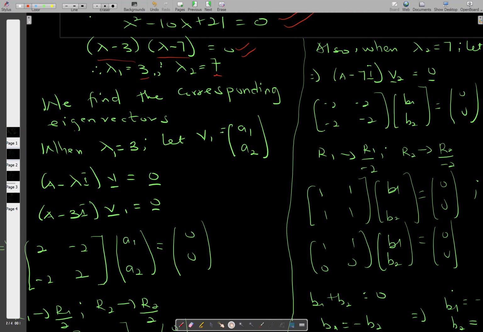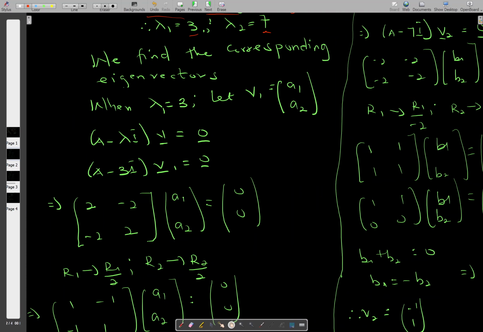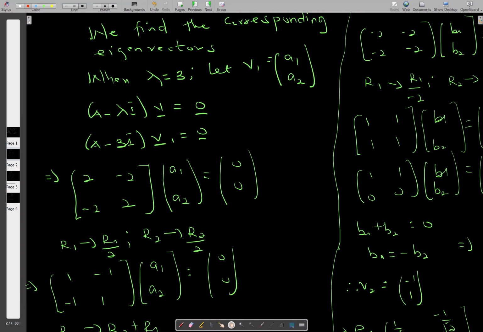Now let's find the corresponding eigenvectors. So let's consider the first eigenvector. When we consider the first eigenvalue, we have lambda 1 equals 3. We have a symmetric 2 by 2 matrix, and therefore the vector should be 2-dimensional. So we have v1 equals (a1, a2). Therefore, A minus lambda I times vector v equals the 0 vector, where our lambda is 3.